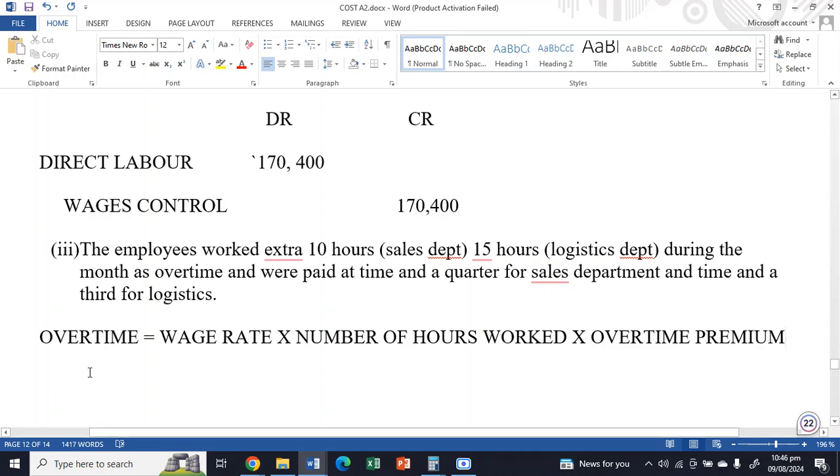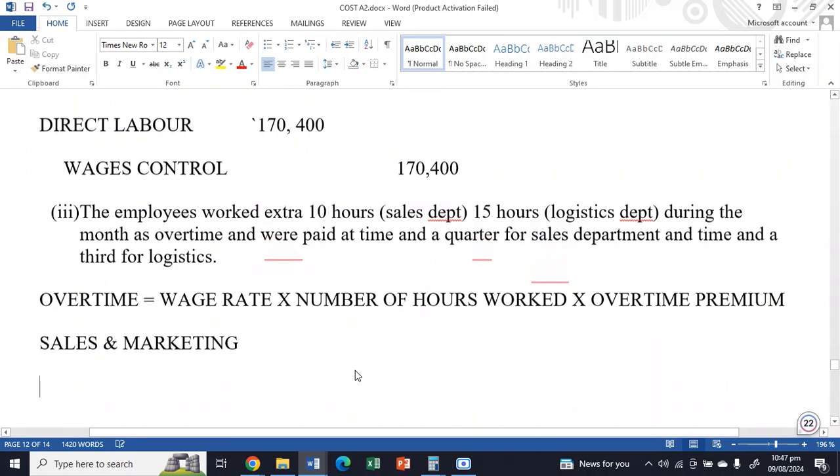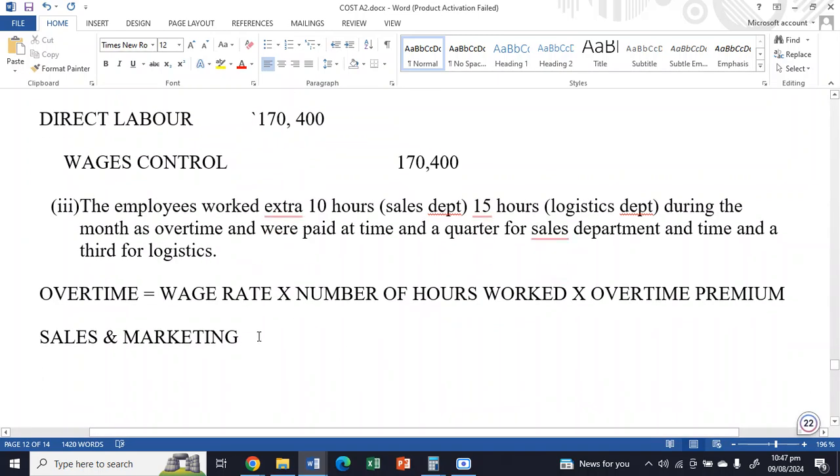So we're going to start with the sales and marketing department. The wage rate is 70 kwacha per hour.